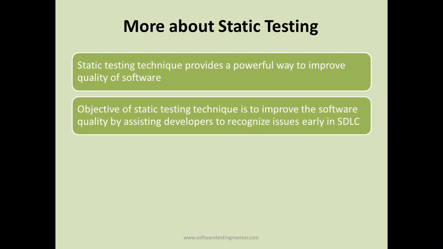So the objective of the static testing technique is to improve the software quality by assisting developers to recognize issues early in the SDLC. The main objective of static testing is to improve the software quality.